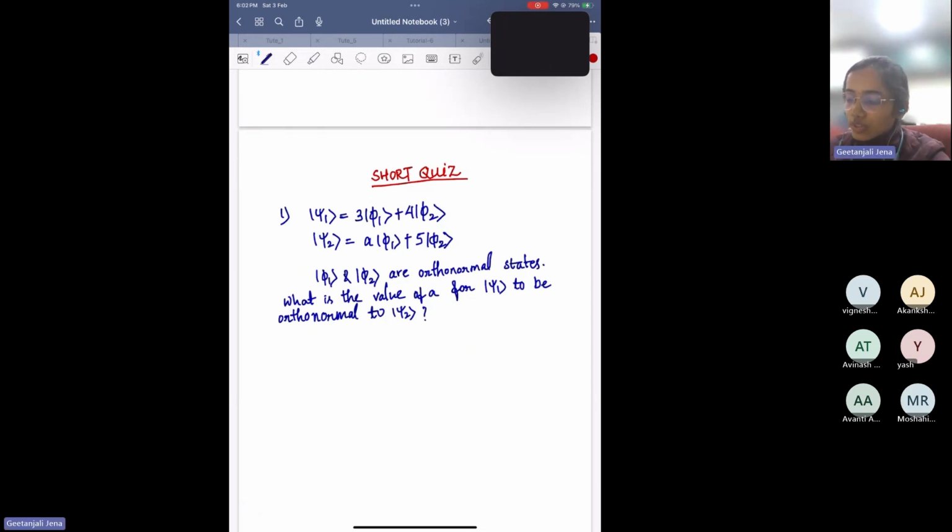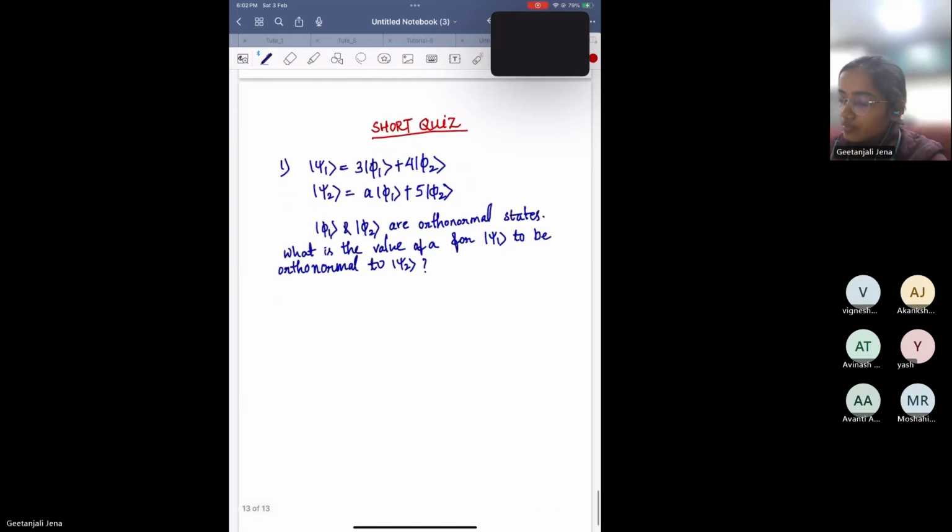Given two kets, Psi1 and Psi2. Psi1 is given by 3 phi1 plus 4 phi2 and Psi2 is given by 8 phi1 plus 5 phi2. Given phi1 and phi2 are orthonormal states.